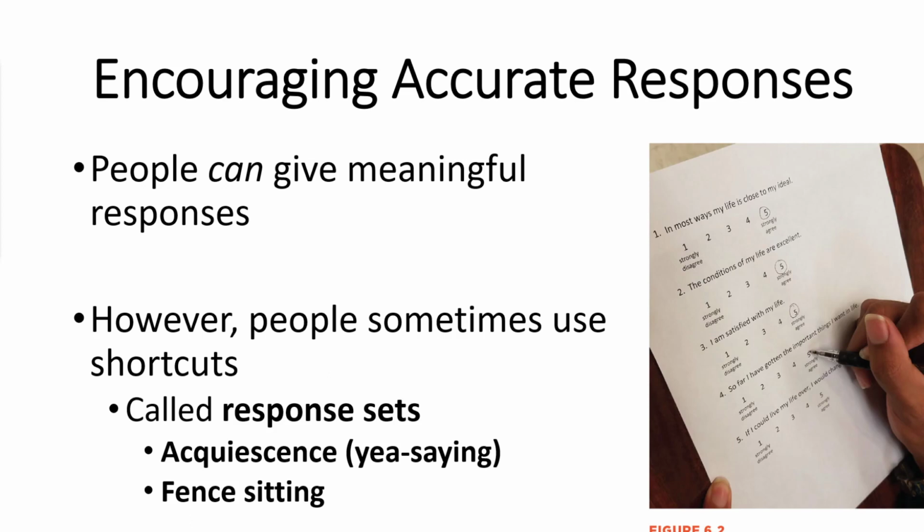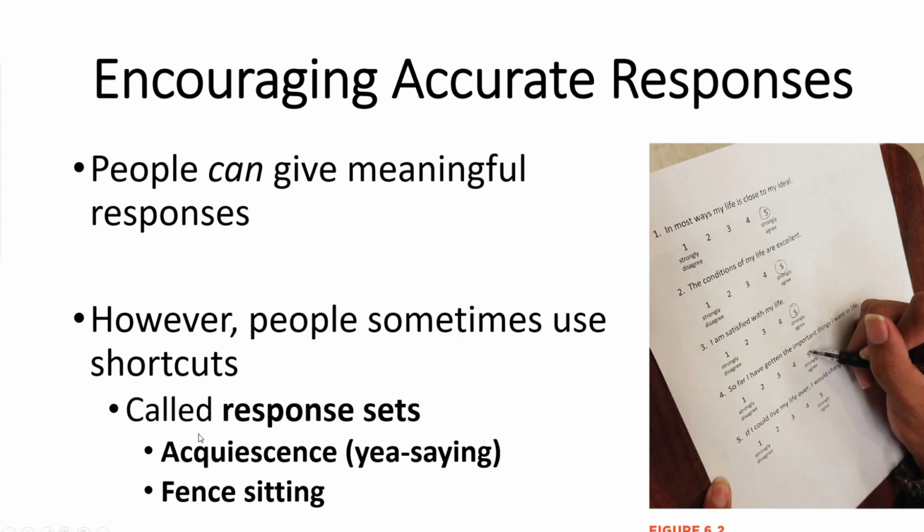So imagine that instead of giving somebody 5 statements to agree or disagree with, what if you gave them 500? How long before they get bored and stop carefully reading each question? When they get bored, they can fall back on these shortcuts or response sets, and they'll use a rule of what they should be answering.